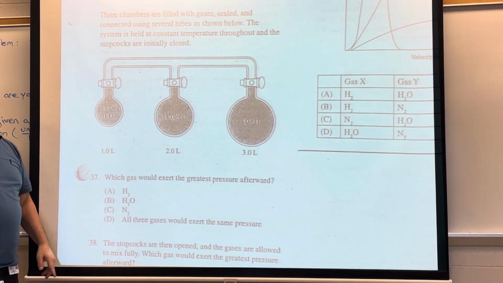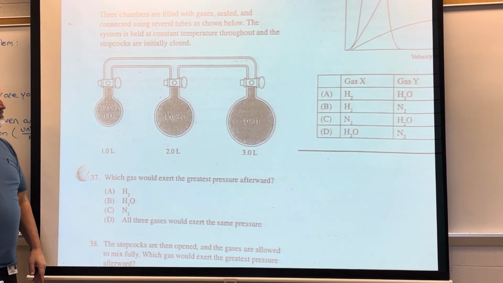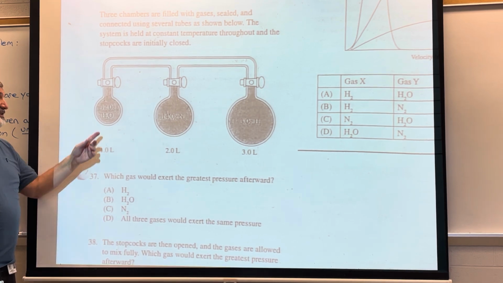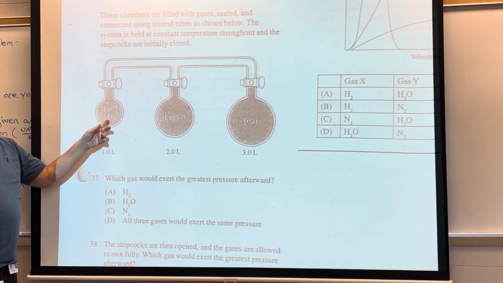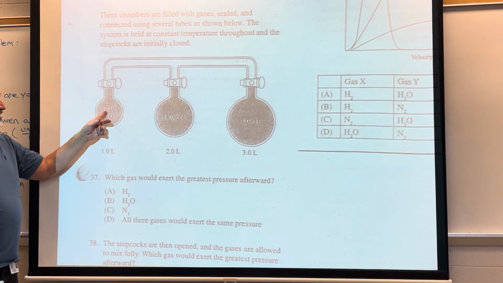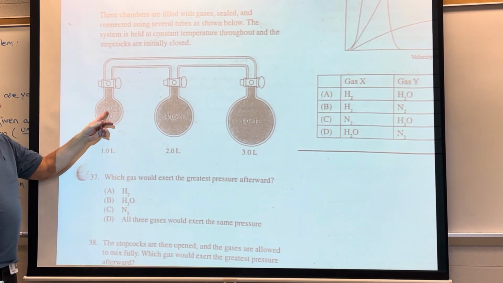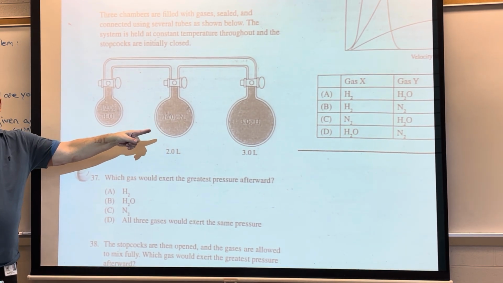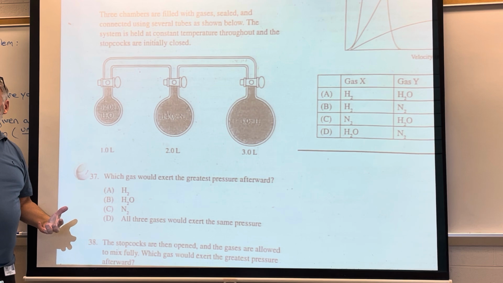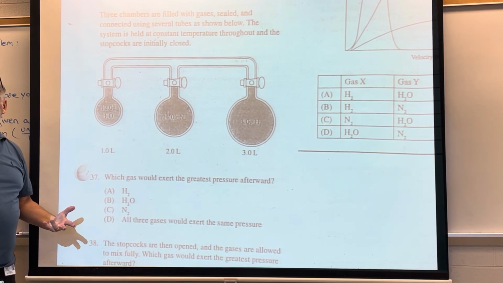0.67. Is it just the smallest container? Well, no, it all depends on how much is in it. If this was empty, there wouldn't be any pressure. If this had been 9 grams, it would have been exactly the same as the other one. So it's all about concentration, moles per liter.